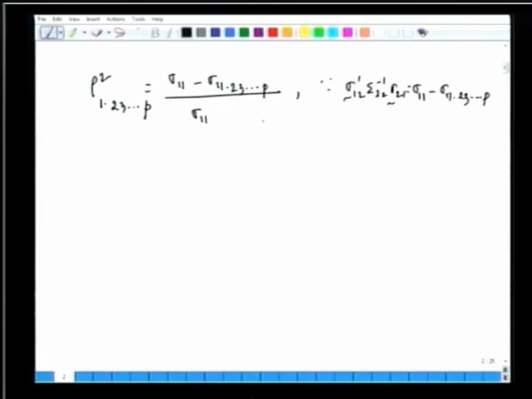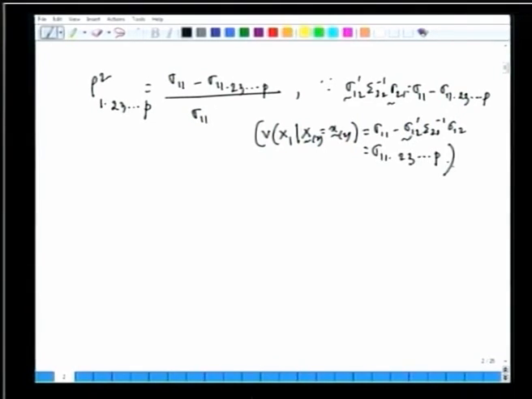If you recall, with the conditional expectation, we had also seen the conditional variance of x1 given x2, and this was my sigma 1 1 minus sigma 1 2 sigma 2 2 inverse sigma 1 2 with this notation.